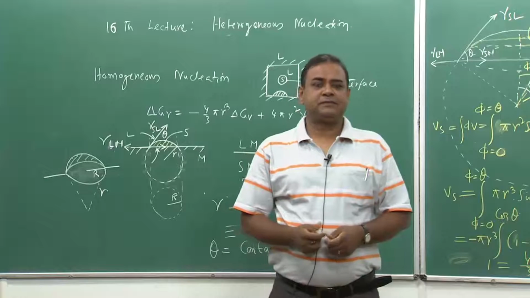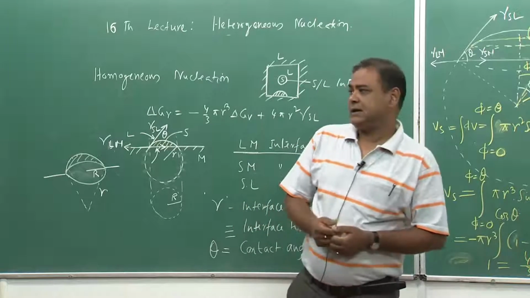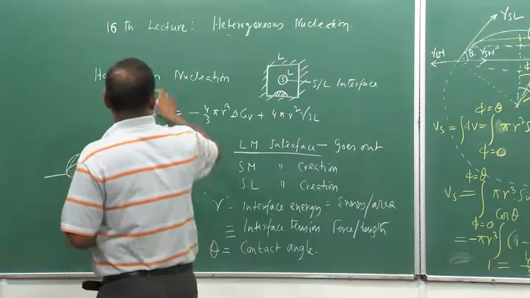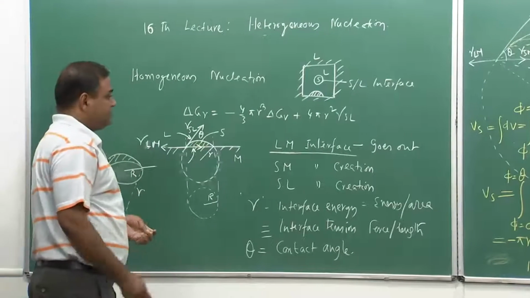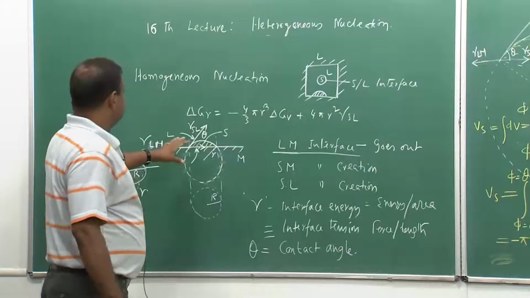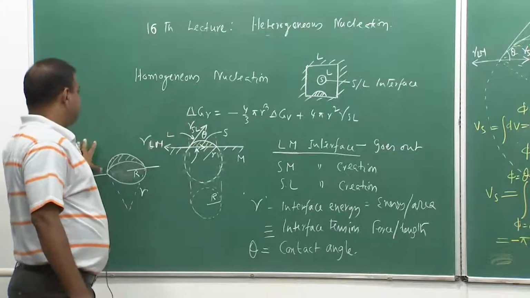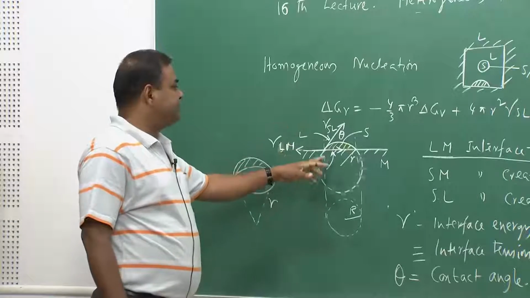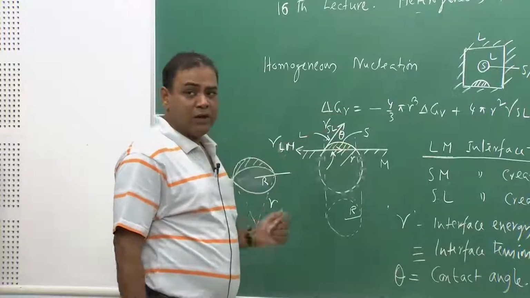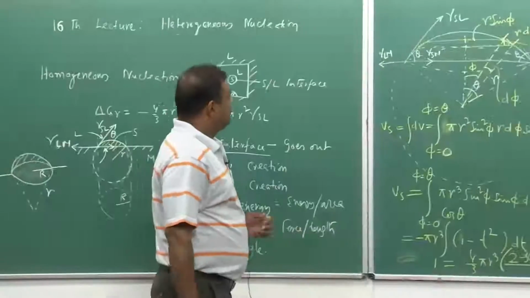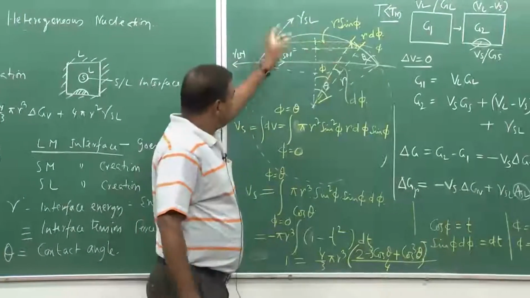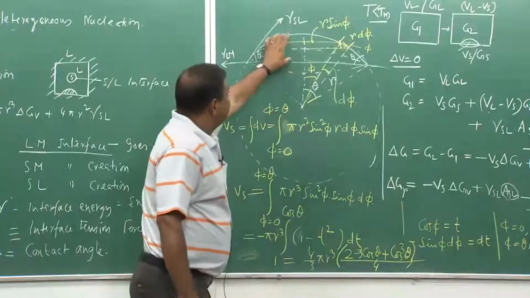Let us start our 16th lecture, and in the 16th lecture we will continue on heterogeneous nucleation. In the 15th lecture the way we moved was that we tried to see what happens if solid forms on a mold wall, and that time we saw that it forms a spherical cap and it is solid.